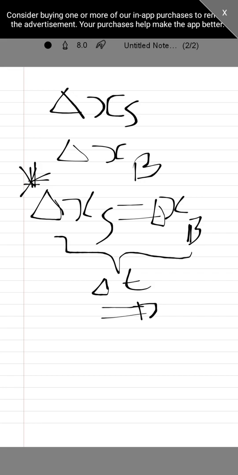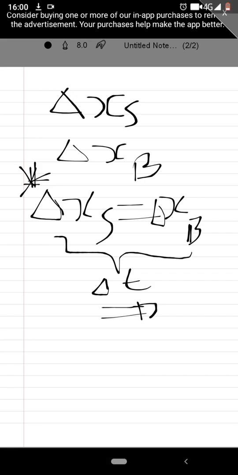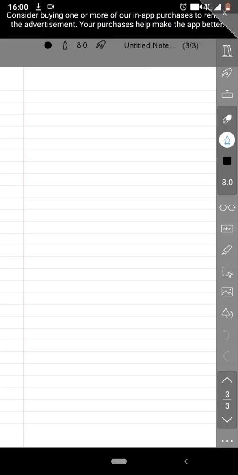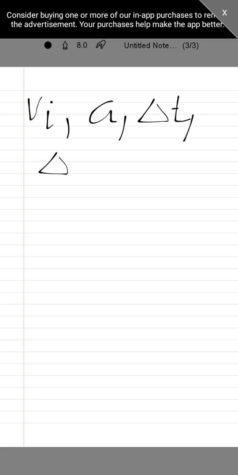So now let's identify the variables fully. If you write down the variables that will be useful for us, they are the initial velocity, acceleration, and change in time, the time at which this takes place, and then of course the position at which this happens.